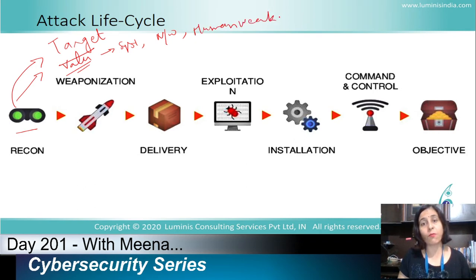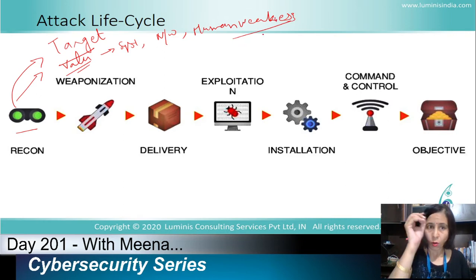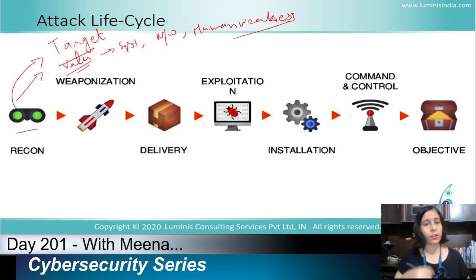They find all these things about their target, and as per those vulnerabilities they decide what tool to use to perform the attack, because a single tool will not be sufficient for any kind of attack. Based on the vulnerabilities and weaknesses that exist, they try to find the tool which will work in this particular scenario.